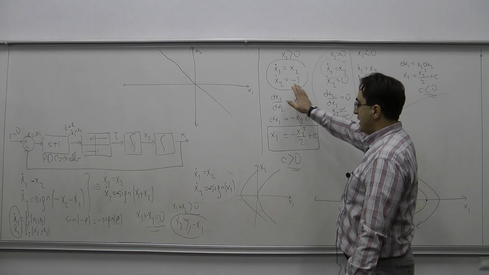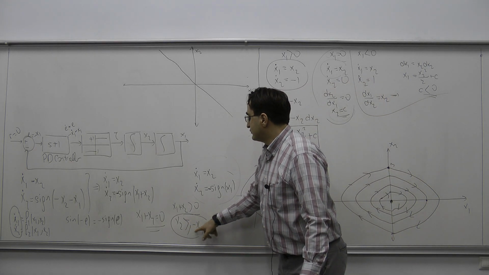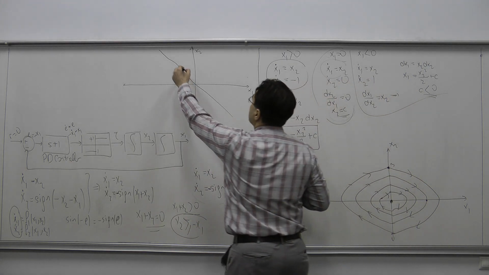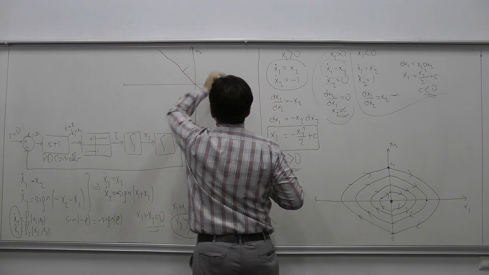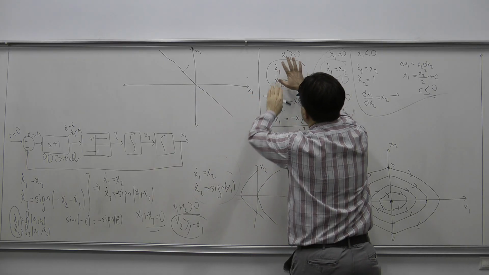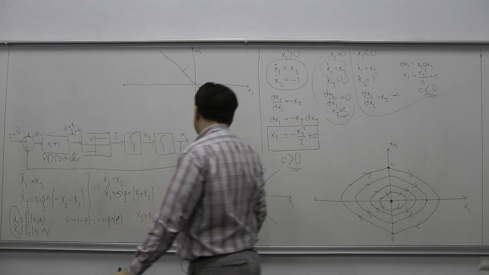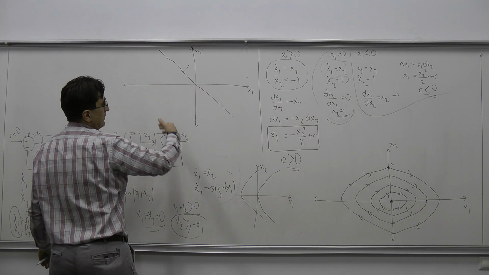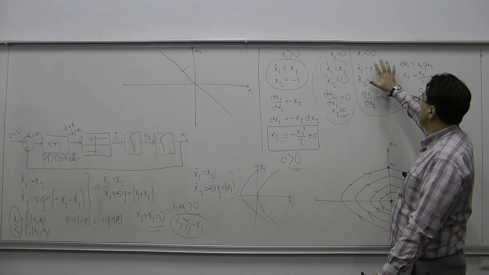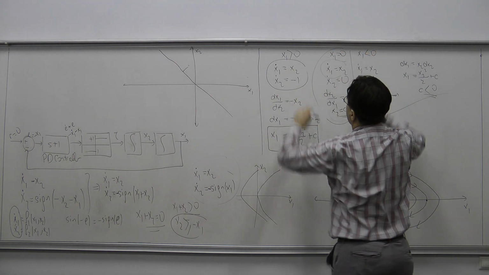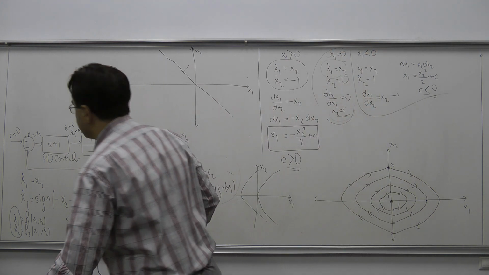In this part, not this part, I would have this dynamics, and in the other part, I'm going to have this dynamics, okay? So now these conditions here have changed.